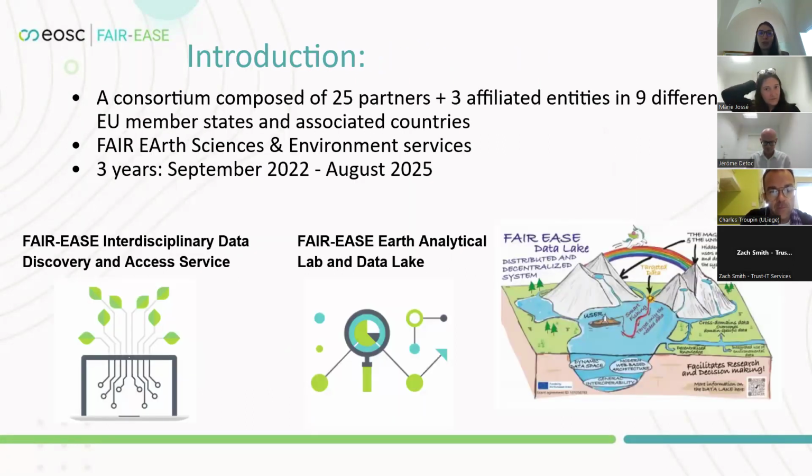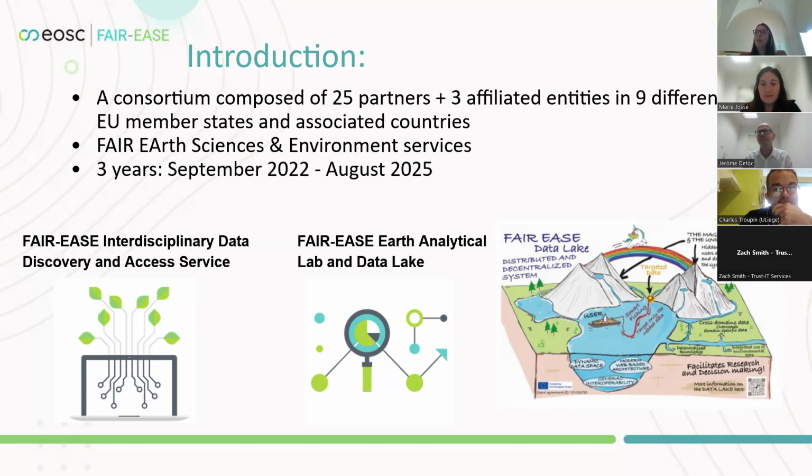And for those of you who don't know, Ferris is a consortium of 25 partners and 3 affiliated entities. We have people from 9 EU member states and associated countries, so it's a consortium full of different cultural environments. Ferris deals with earth sciences and environment sciences.